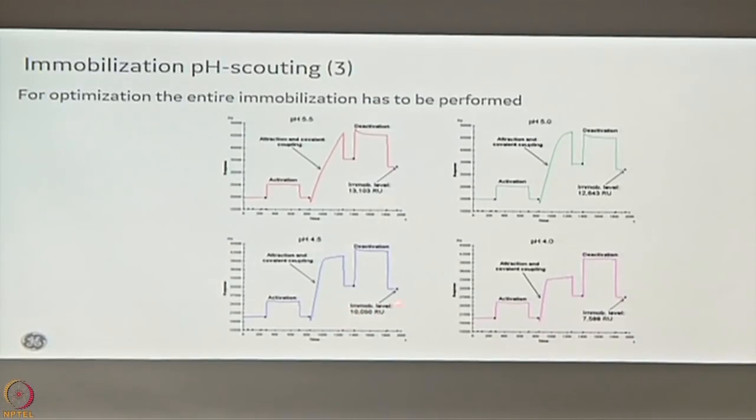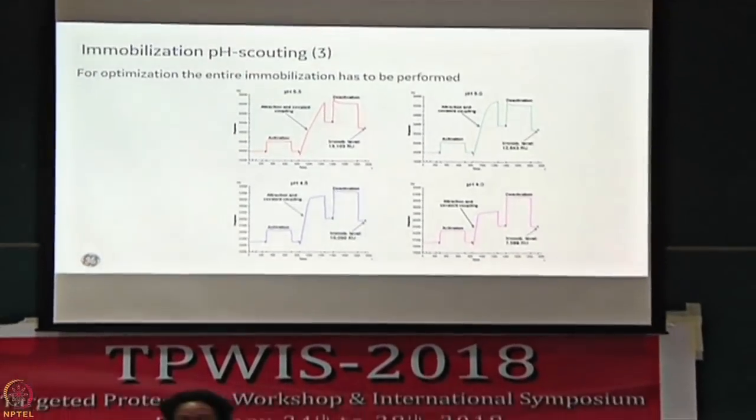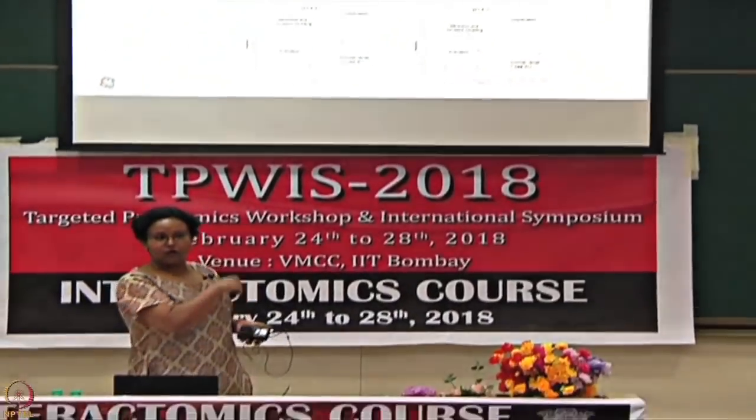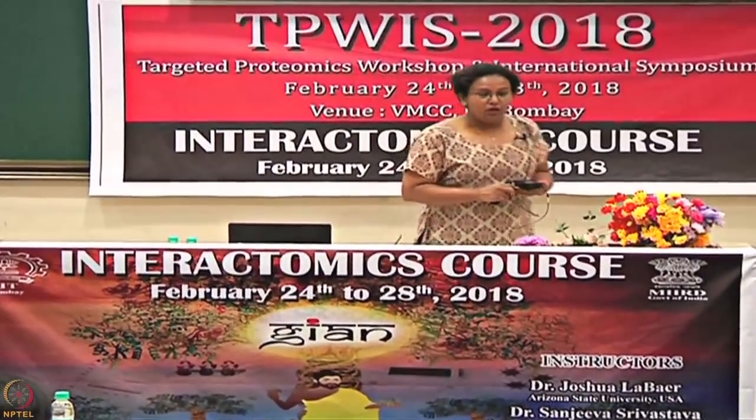At 4.5, there's a reduction, it's much less, and then at 4, it's even less. Whereas our pre-concentration earlier showed that at 4.5 and 4 it was still increasing, but here you are actually attaining a much lesser RU compared to pH 5 and pH 5.5.